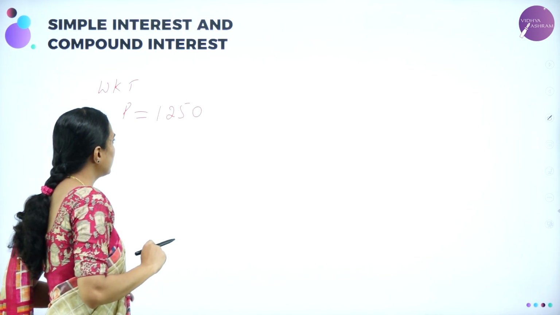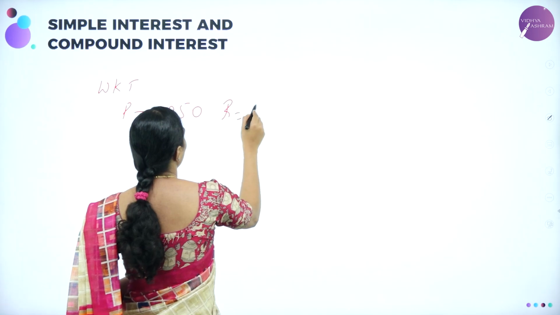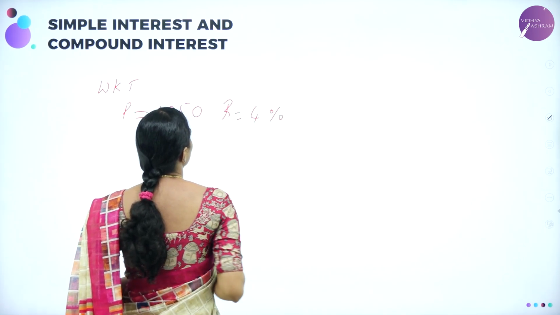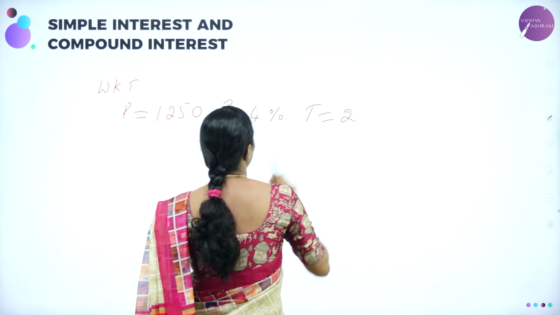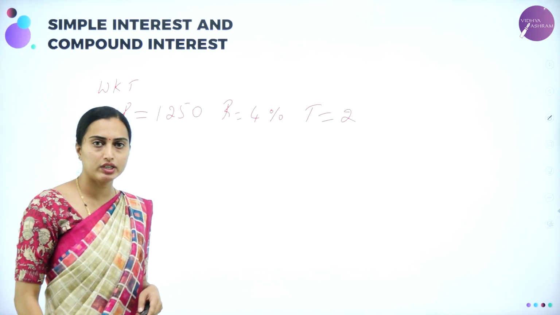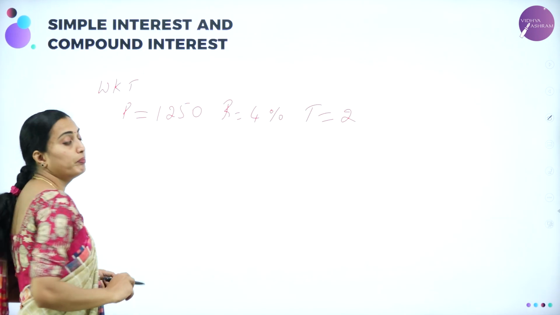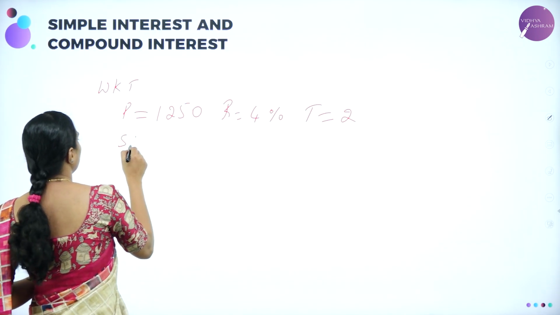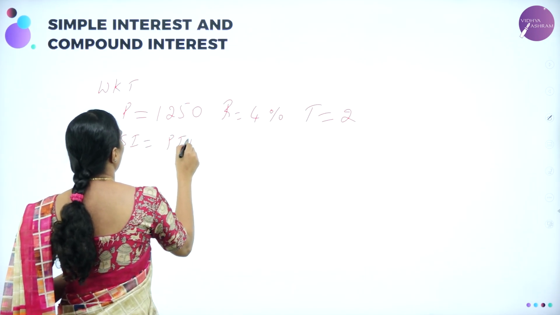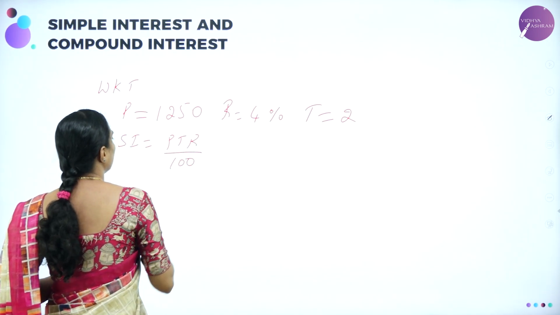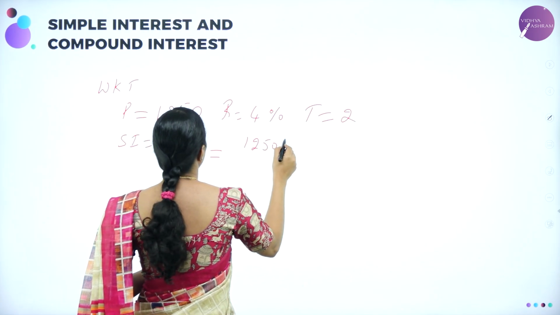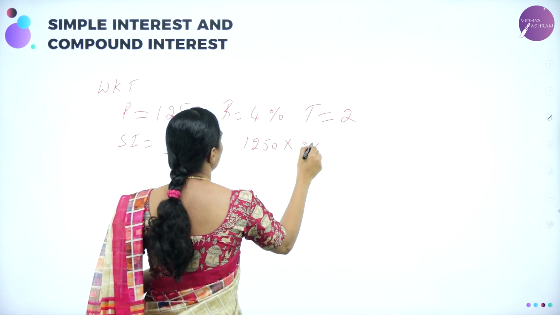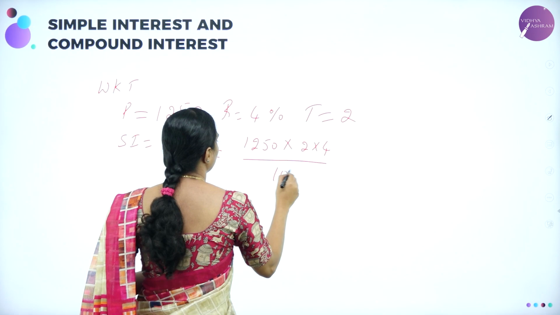They have asked you to calculate the simple interest. Now the simple interest formula is SI is equal to PTR divided by 100, isn't it? So P is 1250 into T is 2 into 4 divided by 100.